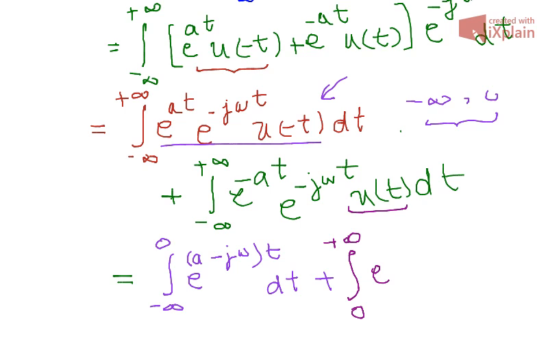And I can write this integral by taking minus common, as e raised to the power minus a plus j omega t dt, right? So we have two integrals basically. So let's try to solve it.